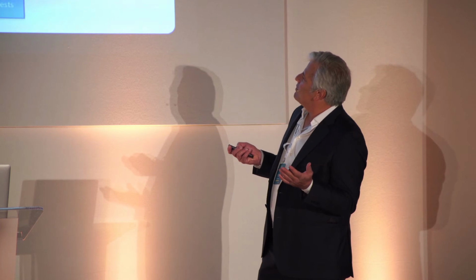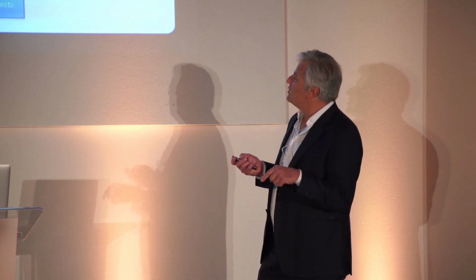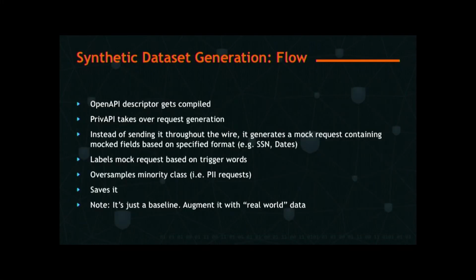So bottom line, we have these requests. We label these requests, and then there was a challenge here. The problem was that what we used as an input were OpenAPI descriptors. So how do we know what requests look like?